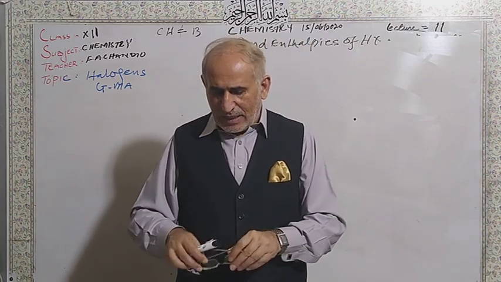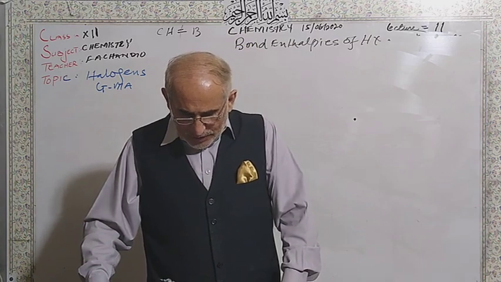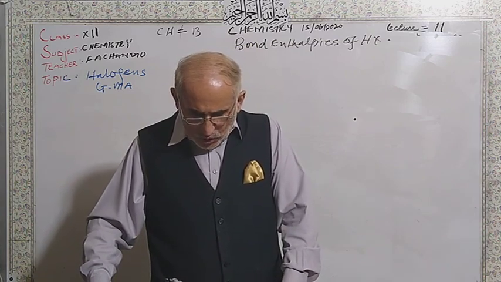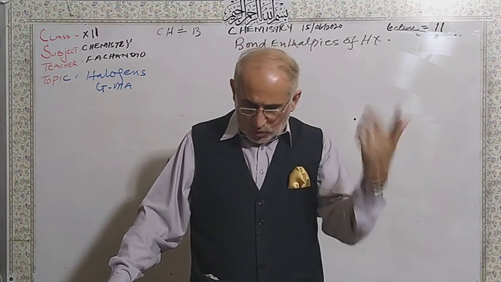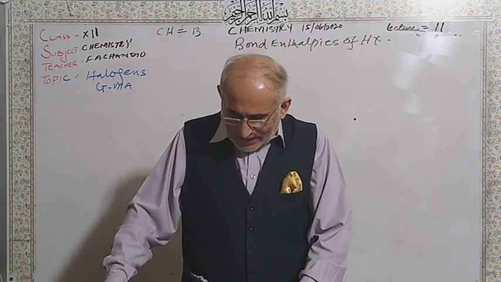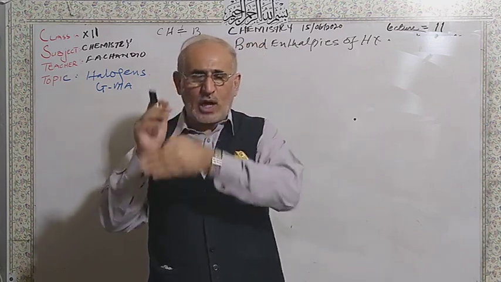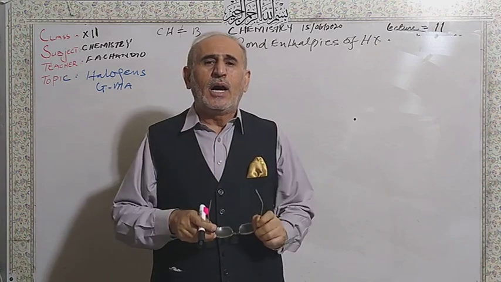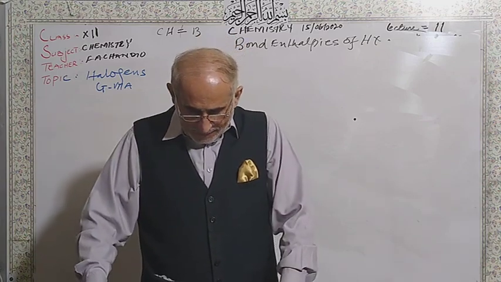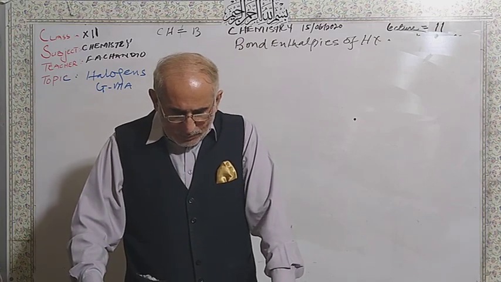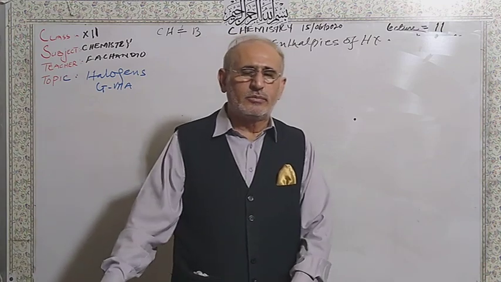So this is the reason, which is also given in your book. Attached to the hydrogen, there is also no lone pair of electrons on the hydrogen atom. Hydrogen has only one electron, no lone pair. As the halogen atom gets bigger from fluorine to iodine, the size of the halogen atom is going to be bigger. So that's why the bonding pair gets more and more distant from the nucleus, as I told you.